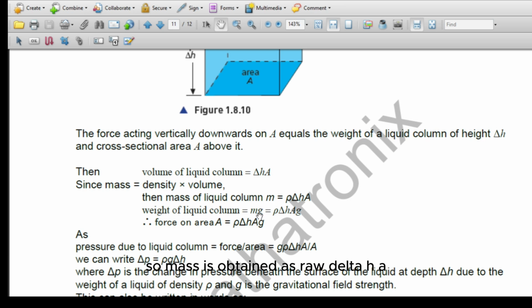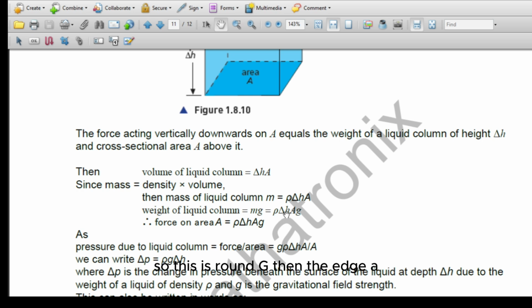So mass is obtained as rho delta H A, and the weight of the liquid column is mg. In place of mass we can write rho delta H A, and this g is the gravitational field strength, and the force on the area A is this weight of the column.